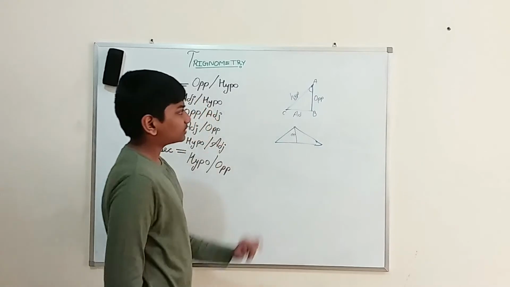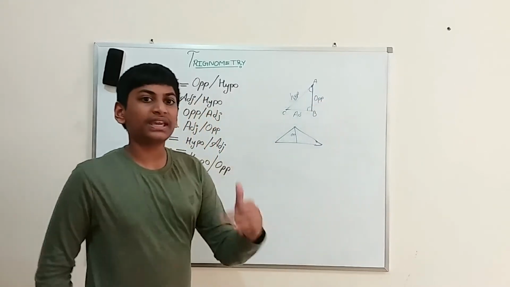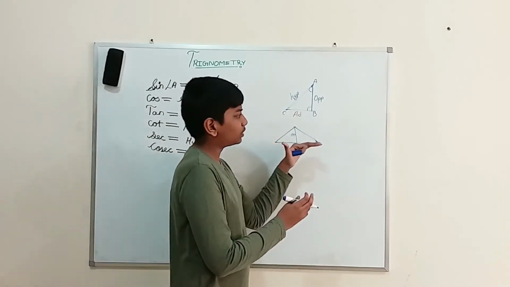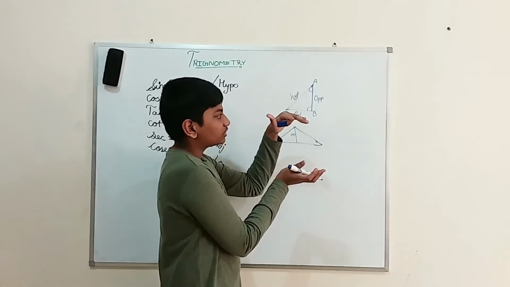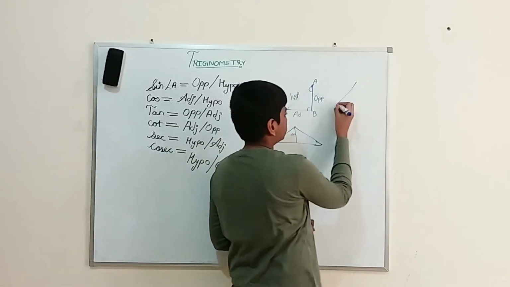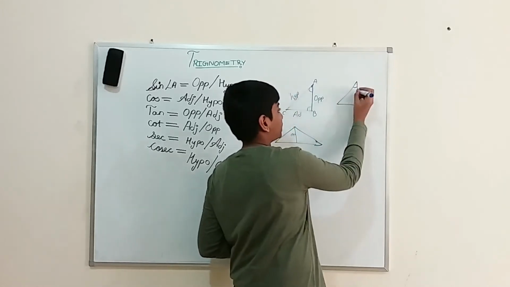Suppose they are asking me to find sine of angle B. Sine angle B equals what? Opposite to angle B. So what we need to do now, this triangle is like this, no? So we should tilt it like this, so that angle B comes over here.